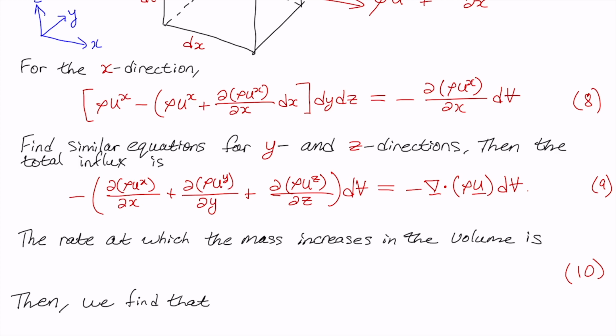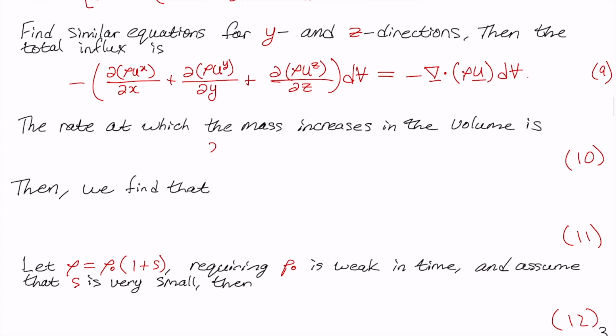And if you're not familiar with this del operator, that is something you should look up and look into. Okay, so then the rate at which the mass increases in the volume is partial rho over partial t times dv.